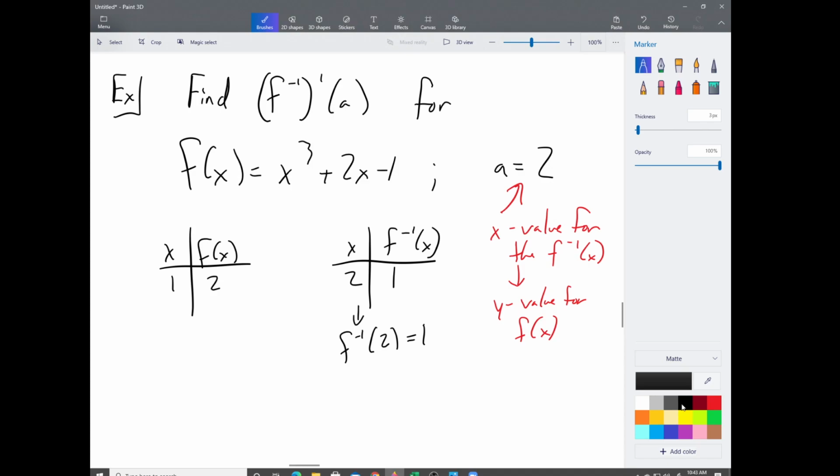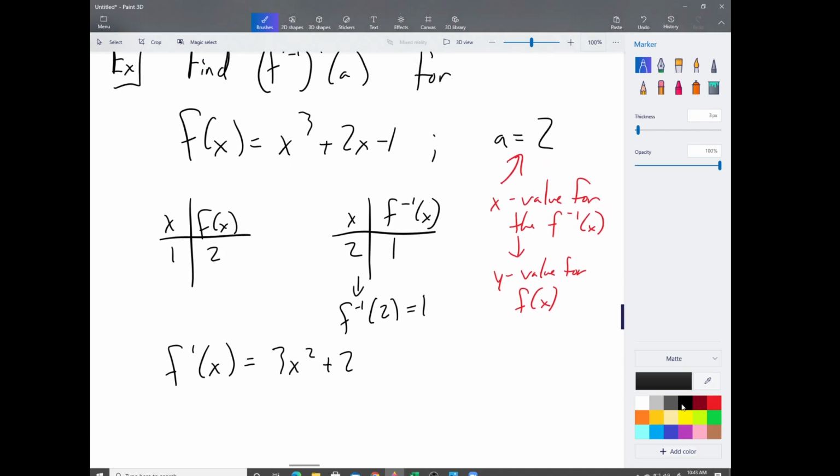And I need that for the derivative that we're going to take. I also need to know what the derivative of my function is. And we can find that pretty easily. Even if we can't find what the inverse function is going to equal, we can find the derivative of the original and use the rule then to put this all together.